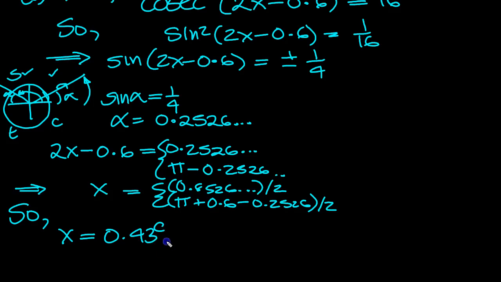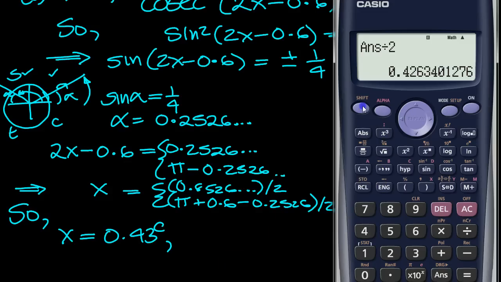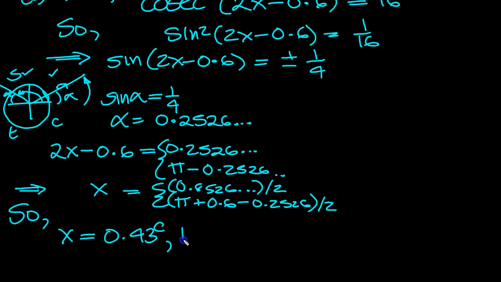And then the next one here. Let's tap that in the calculator: shift pi plus 0.6 minus 0.2526 equals. So that was that number. Divide that by 2. 1.74. Okay, that was the first one when we had plus a quarter.